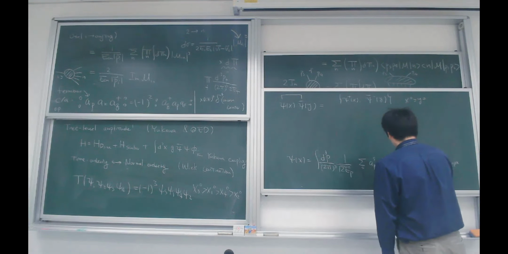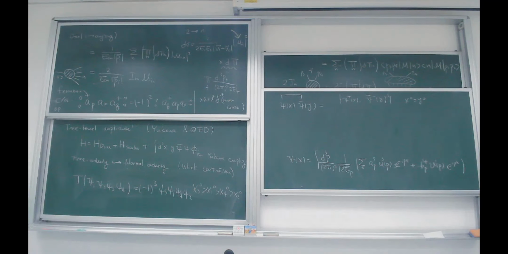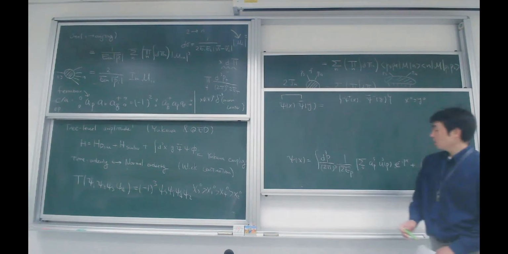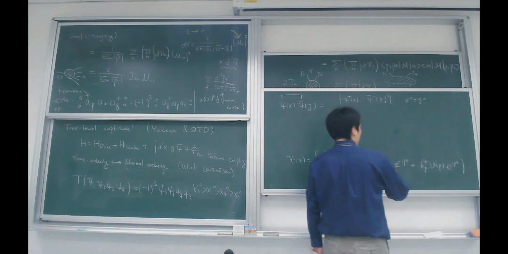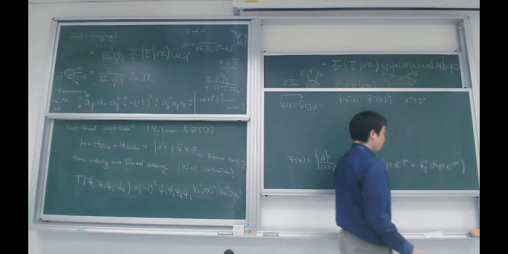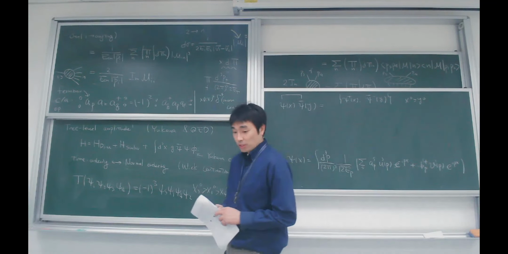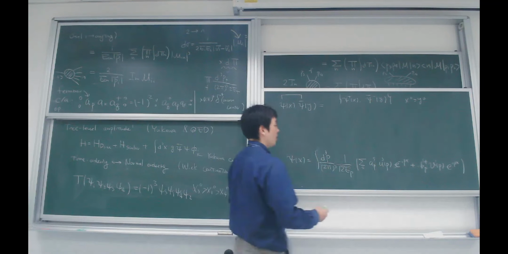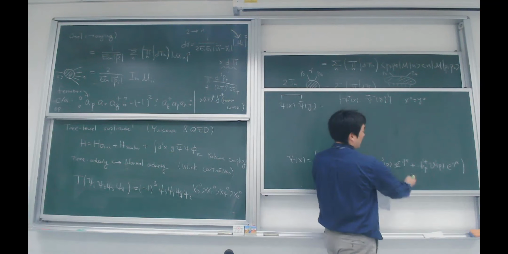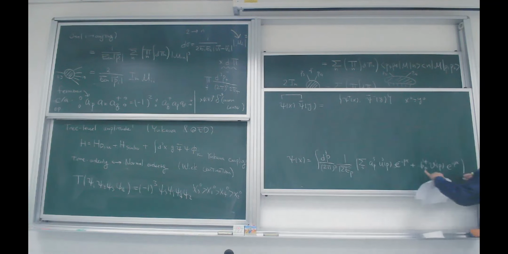This is the Fourier expansion for psi. As you recall, u_p and v_p are the plane wave solutions, and we call this part psi plus and this part psi minus, and likewise the same thing for psi bar.